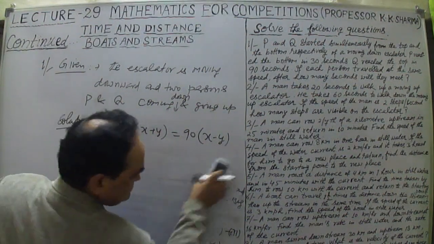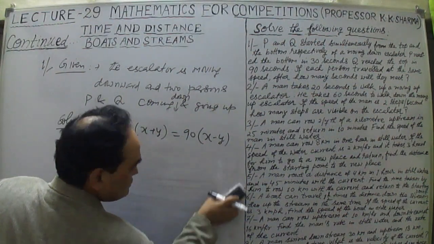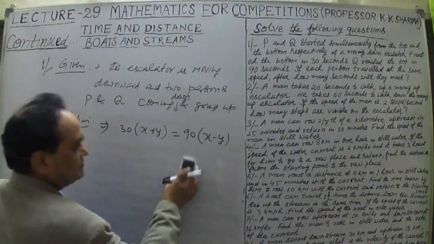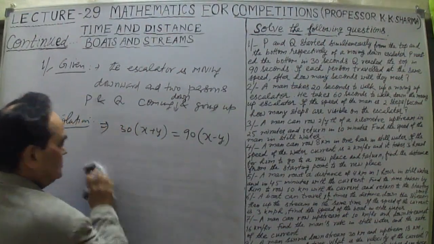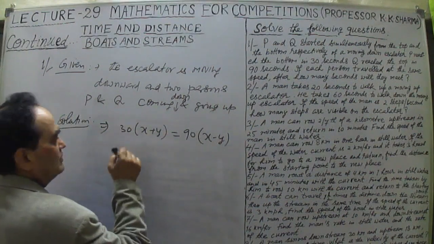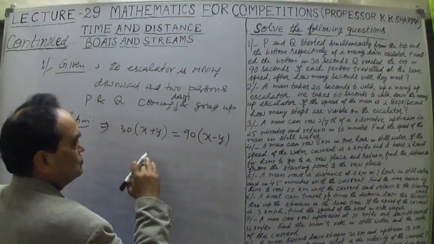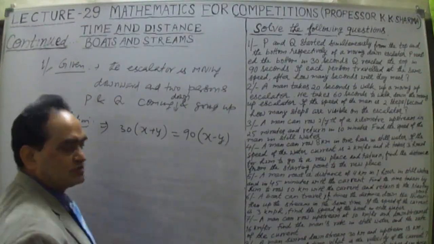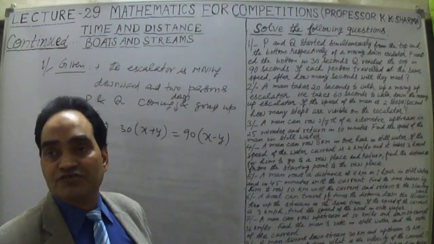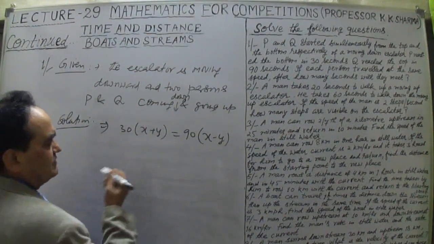What is the speed here? If I find out the relationship between x and y, I can find the value of x in terms of y, or y in terms of x. Then I can find the speed of the escalator in terms of x.